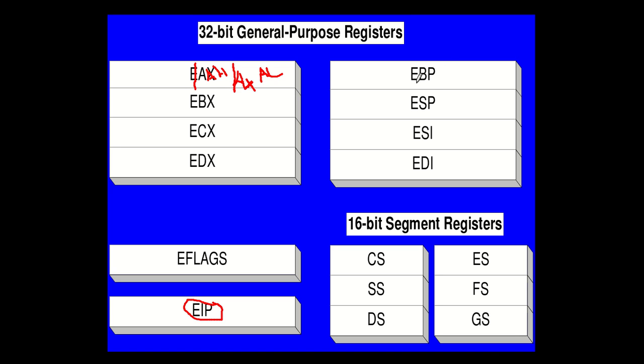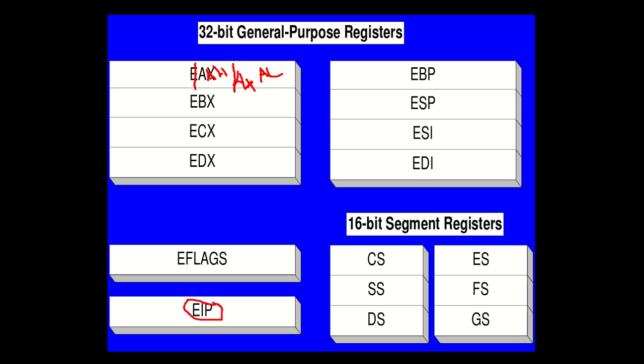We have the EBP, extended base pointer, and ESP, extended stack pointer. Both of those will determine our stack frame for the program. This is when you call a function in any program. This function is going to go on a stack. That's where we use push and pop.